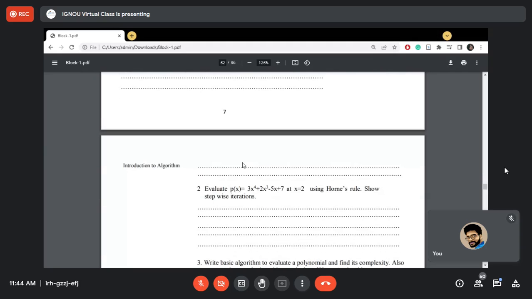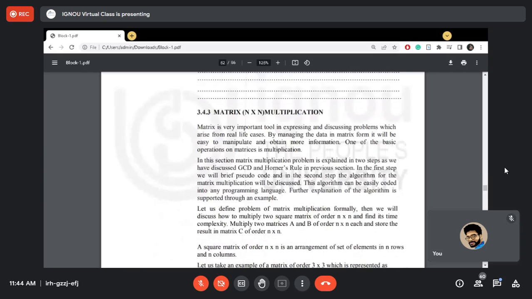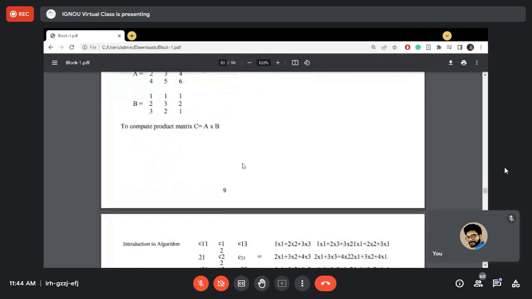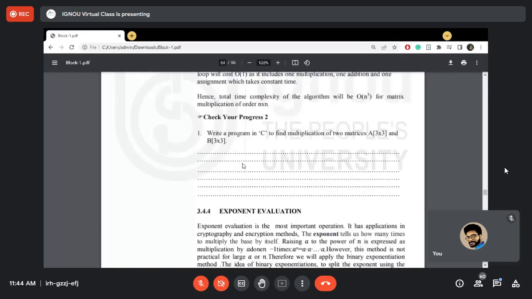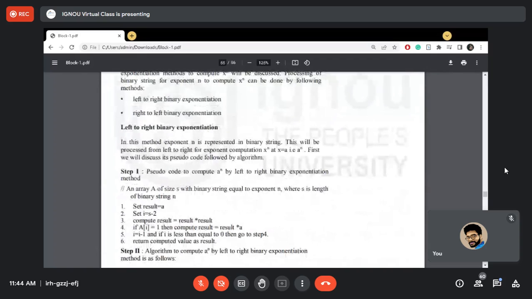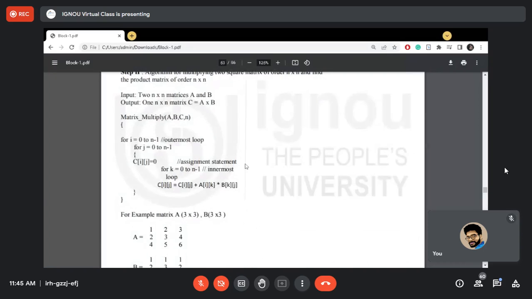Now the further concepts are matrix multiplication and then exponent evaluation. Exponent evaluation is a very important part according to the question paper.